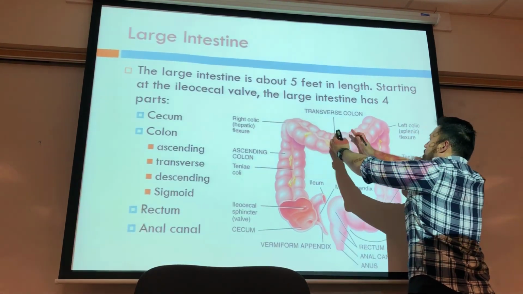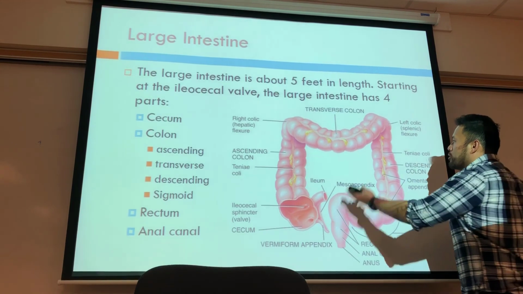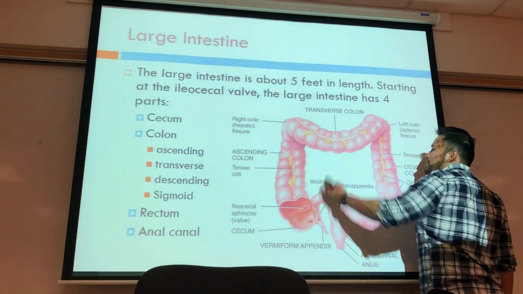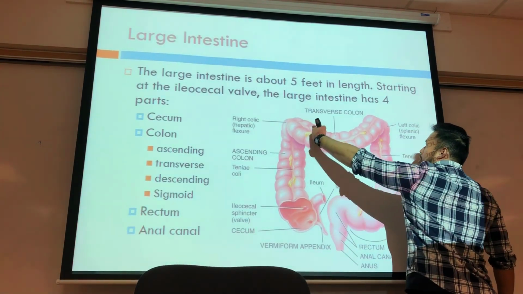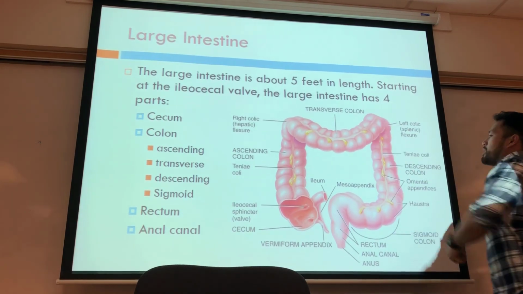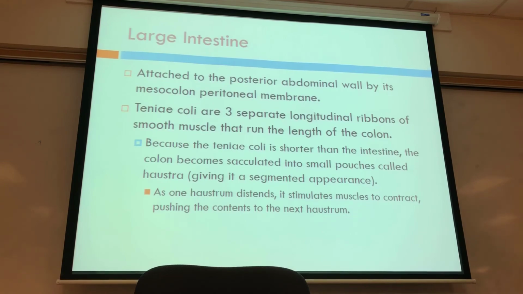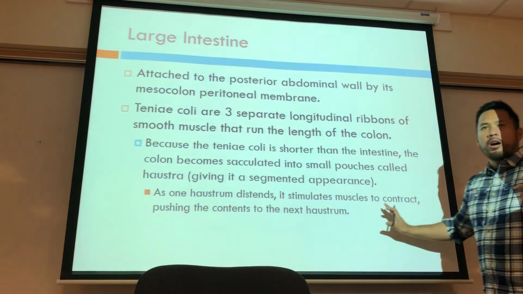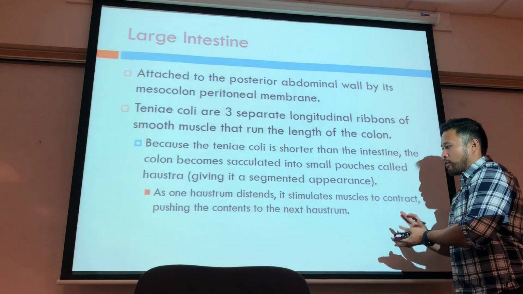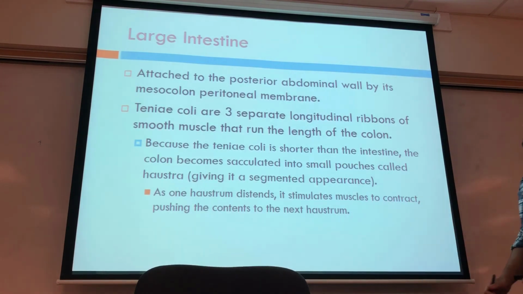So as the contraction takes place, it helps move the contents up through the ascending colon, through the transverse, and down the descending colon. So these are what are called haustral contractions, and they help stimulate movement of leftover stuff through the large intestine.